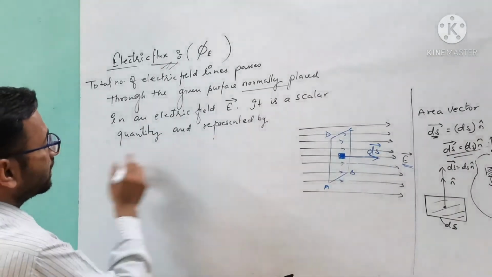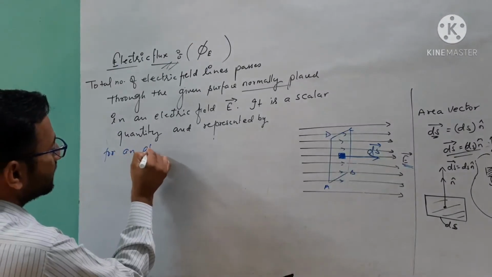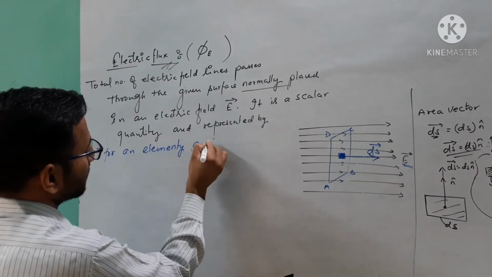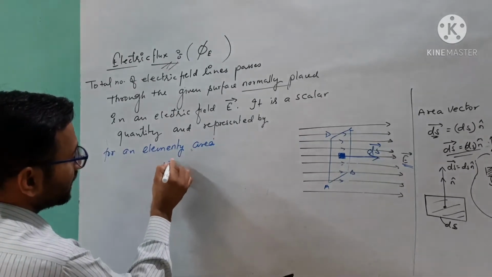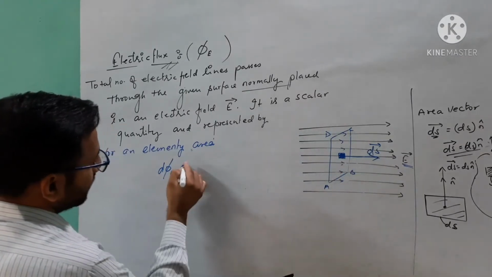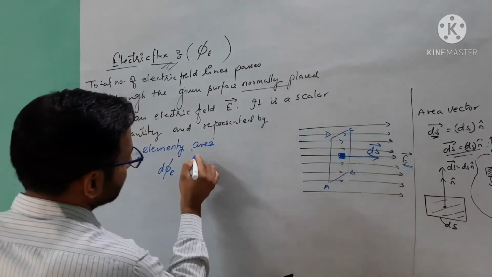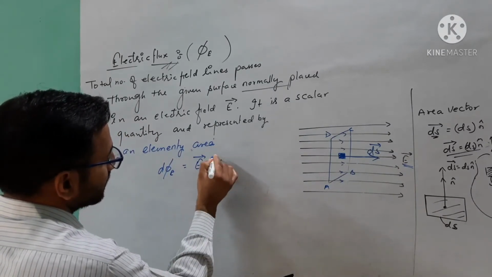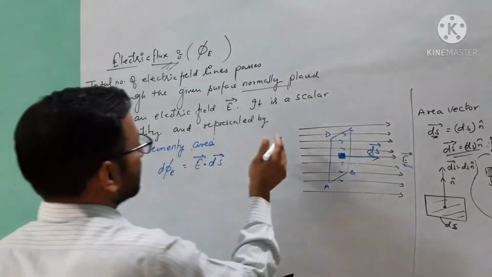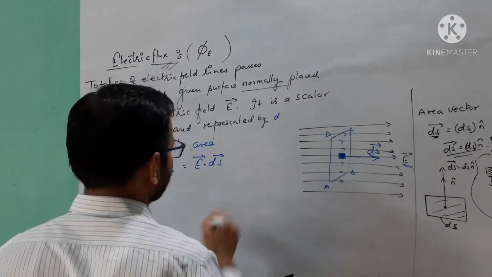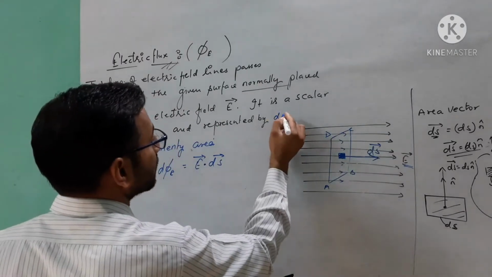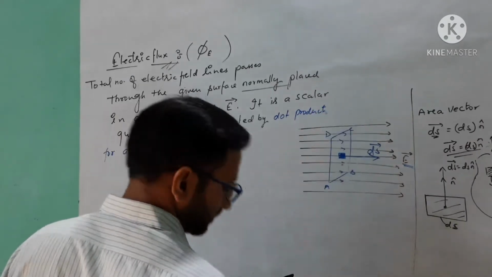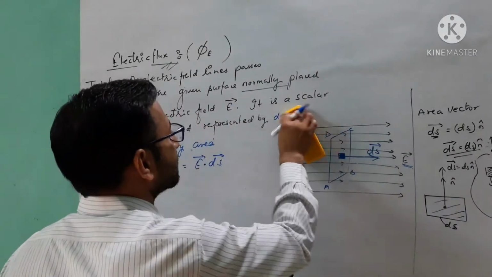It is represented by, for an elementary area, d phi e. d phi e is equal to the dot product of the electric field and the area vector. Later on we will write more on this.